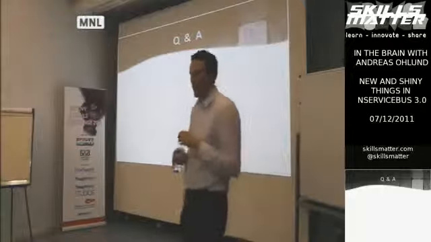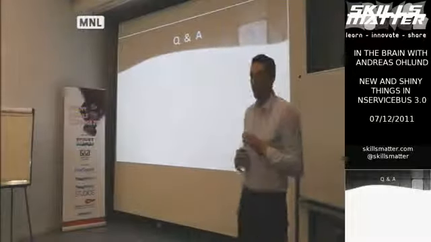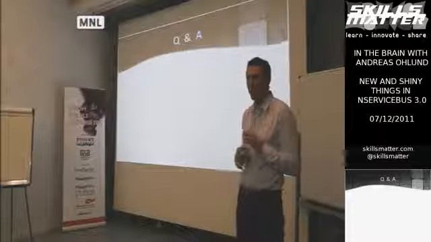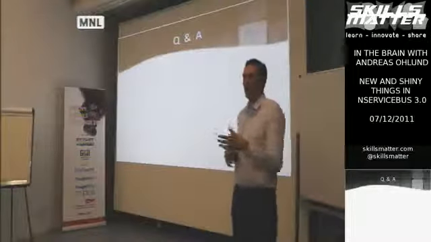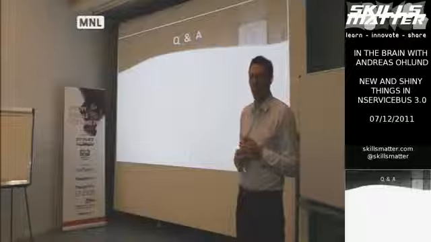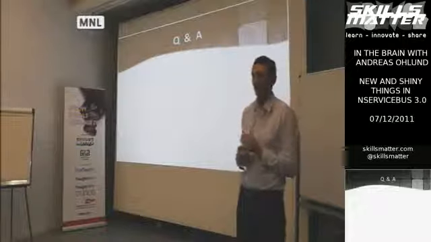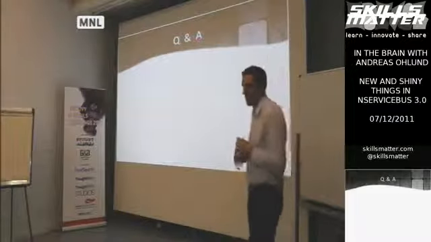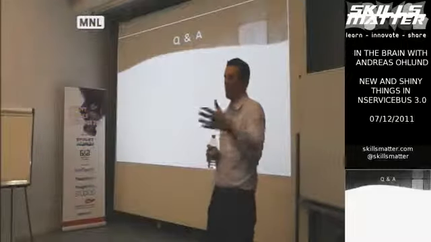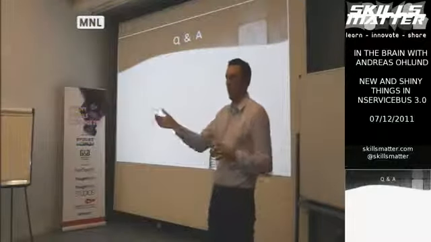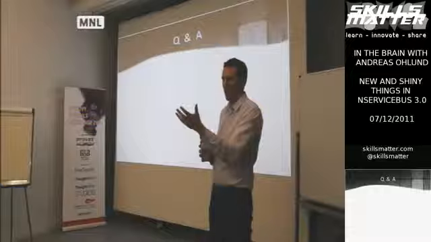So the question is, what will happen if the data bus is down when you do a send? When you do a send, if you can't talk to the data bus, you'll get an exception when you're sending. So it's pretty easy on the sending side. It's more problematic on the receiving side. Let's assume that we actually managed to send the message, and on the receiving side, we pick the message up from the queue.